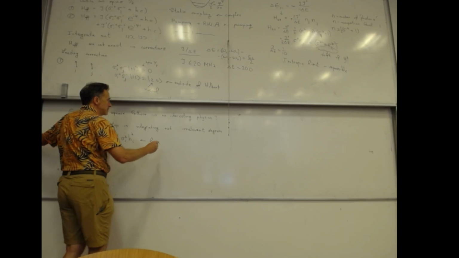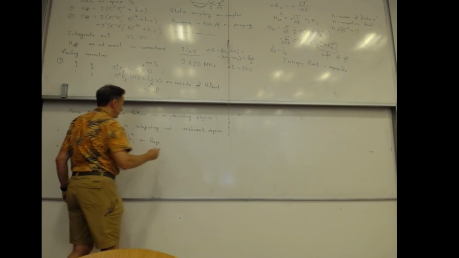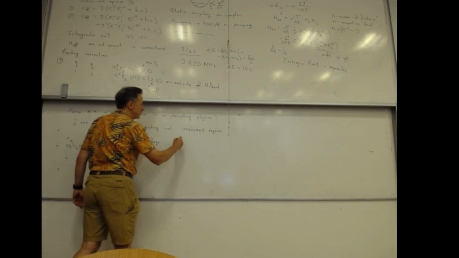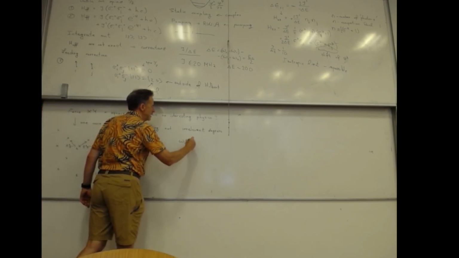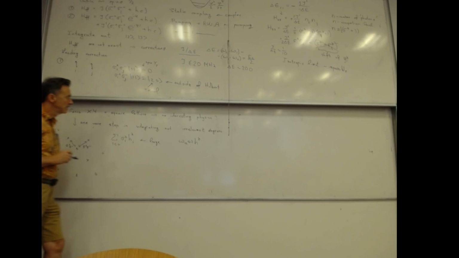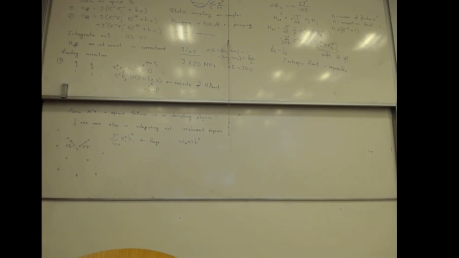Remember that in fact I always have large fields applied on all sites, because my omega 01 is nothing but a large field applied to each spin, and I don't care about it if the spins are the same and all processes conserve the magnetization. But I start to care about it if some fields are different.